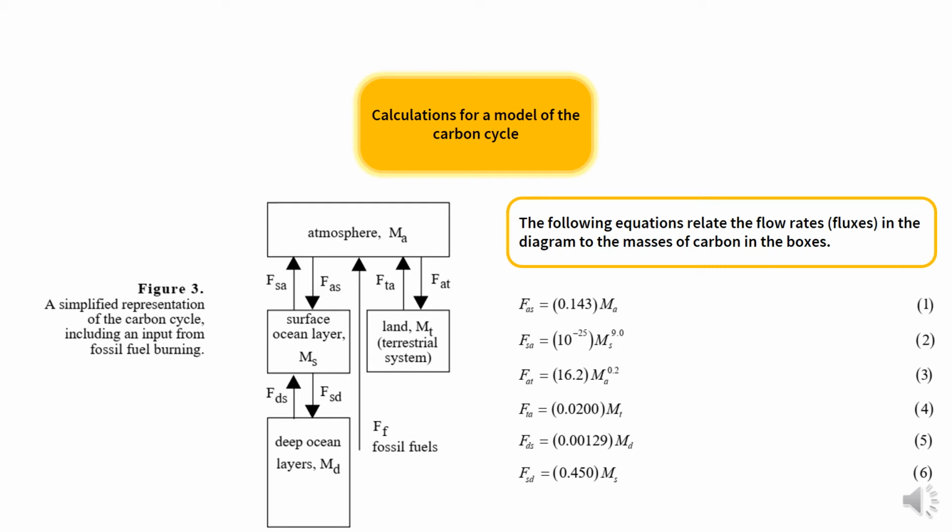F_A is an input disturbance, and in these equations the masses are in units of petagrams, and the fluxes, or F, are in units of petagrams per year.